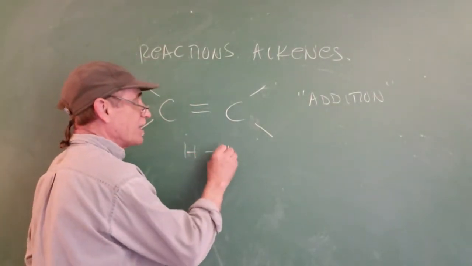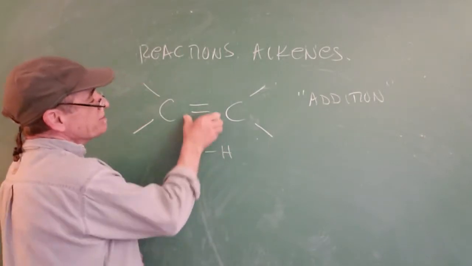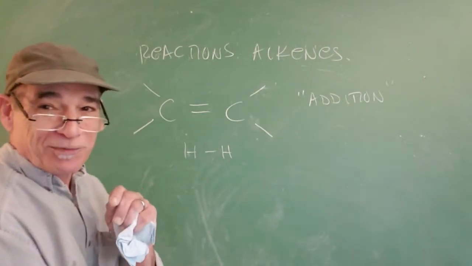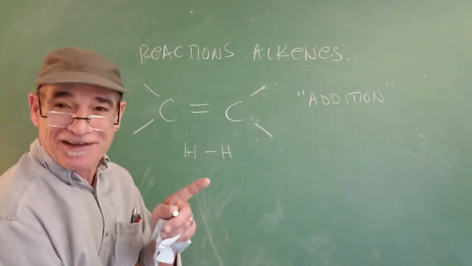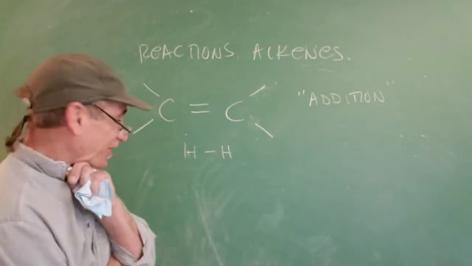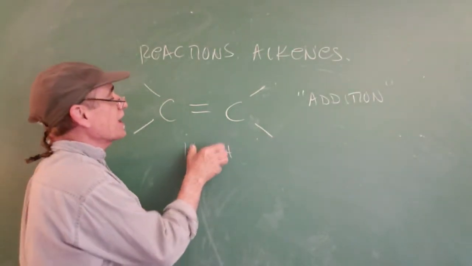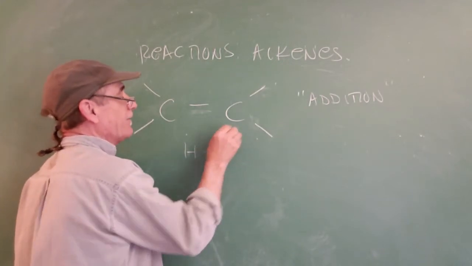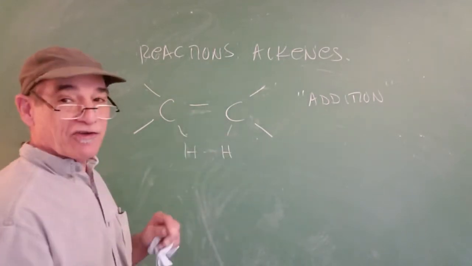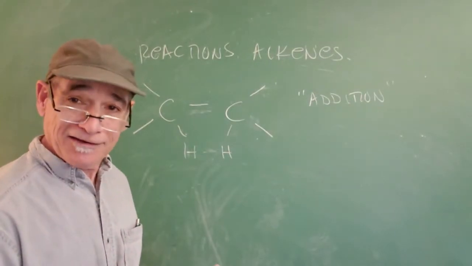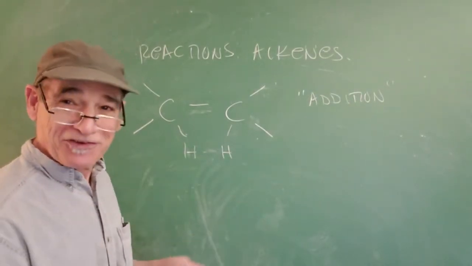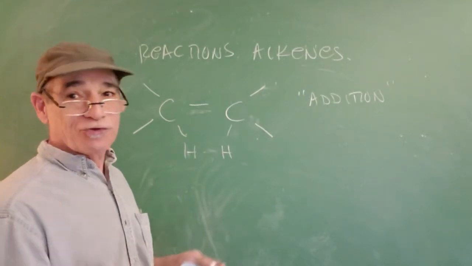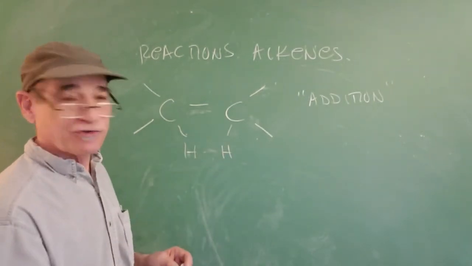A hydrogen molecule, H2, can be smacked into that double bond. I talked about this when we talked about the hydrogenation chambers that they have up at the USDA lab that are pointed out there at I-74. The hydrogen can actually be banged into that double bond and cause it to open up, and that saturates the bond. It makes an alkene into an alkane, meaning now there's no double bond, now it's a single bond. So they refer to that as a hydrogenation reaction. Again, we're so clever, we added hydrogen, hydrogenation.